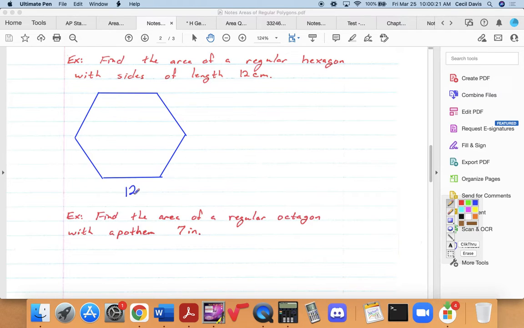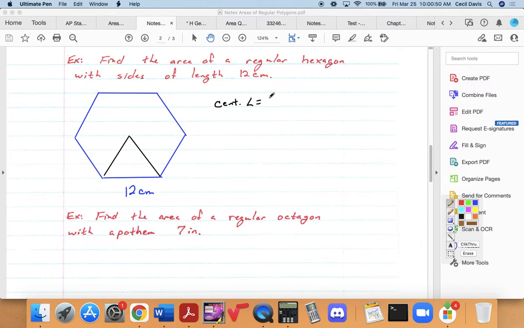So every side of this is 12 centimeters. Then, I usually don't draw all the central angles. Again, that whole lazy part. I usually just draw one of the central angles, and we figure out what its measure is.